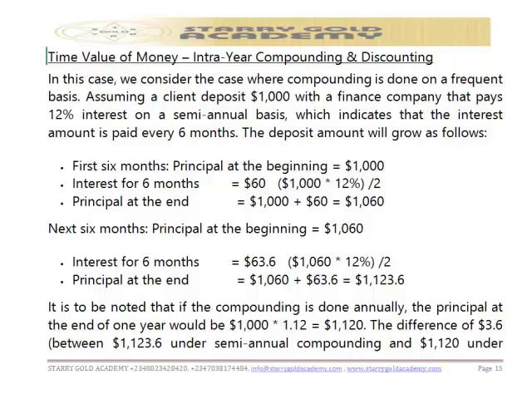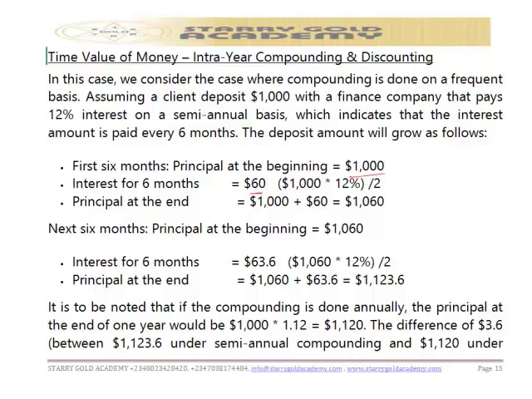Assume a client deposits 1,000 with a finance company that pays 12% on a semi-annual basis, which indicates that interest is paid every 6 months, that is twice a year. So the deposit will grow. The first 6 months, beginning at 1,000, will be 60, and the second will be 63.